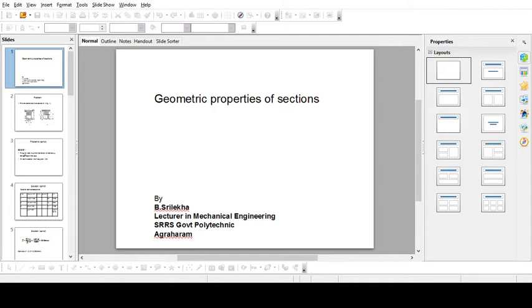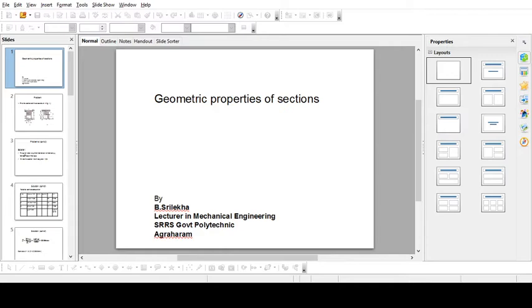Similarly for the y coordinate, it is a1 y1 plus a2 y2 plus a3 y3 and so on, divided by a1 plus a2 plus a3 and so on. In this manner we find the x coordinate and y coordinate, which is the centroid of the given figure, right?